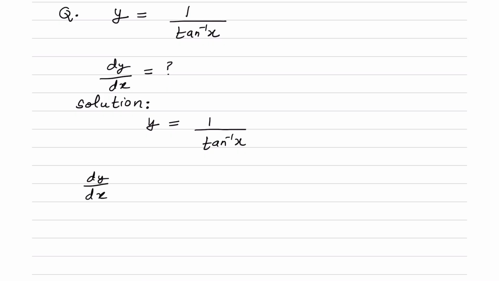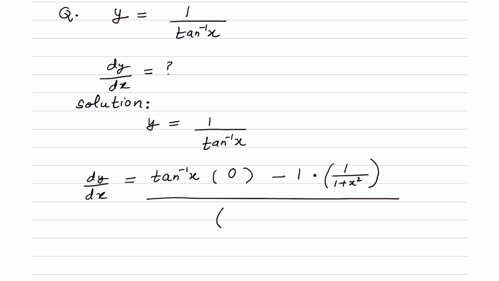The derivative of y with respect to x, dy by dx, is equal to, by the quotient rule, lower term as it is, times the derivative of the upper term. Here the upper term is 1, its derivative is 0, minus upper term as it is, times the derivative of the lower term. The lower term is tan inverse x, its derivative is 1 over 1 plus x square, divided by the lower term as it is and its whole square.